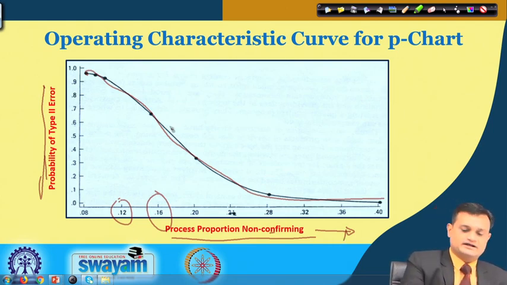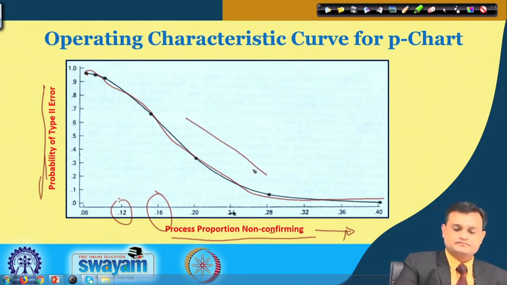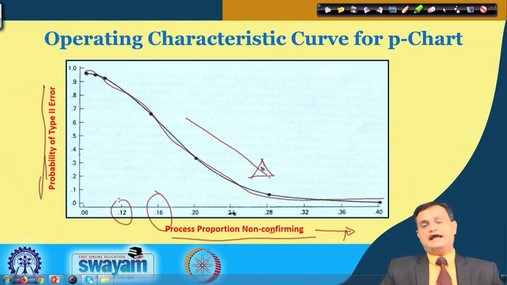You can see that as my process proportion non-conforming increases, my type 2 error reduces. This says that as the non-conforming items increase in the process, the type 2 error, which means saying that it is acceptable when it is non-conforming, reduces.